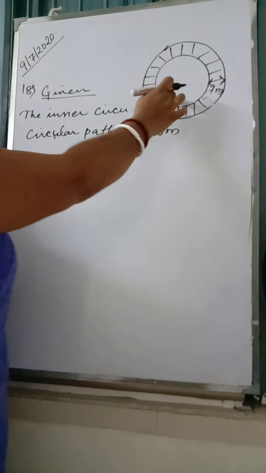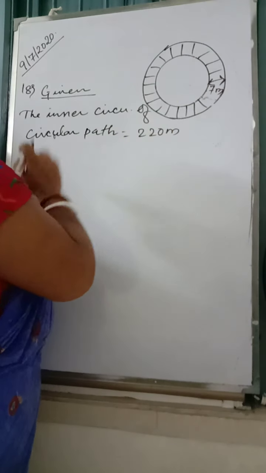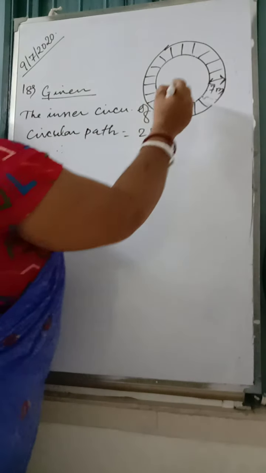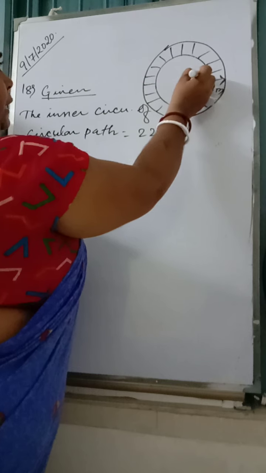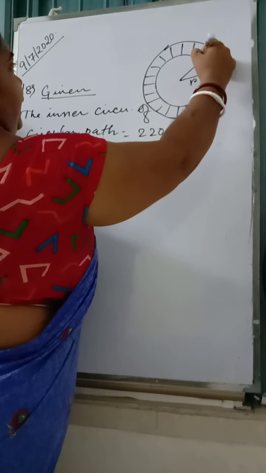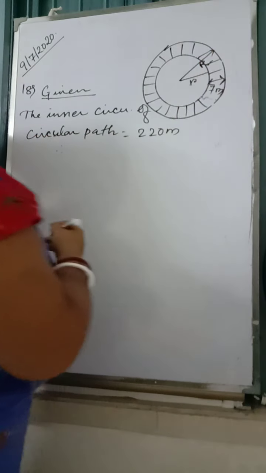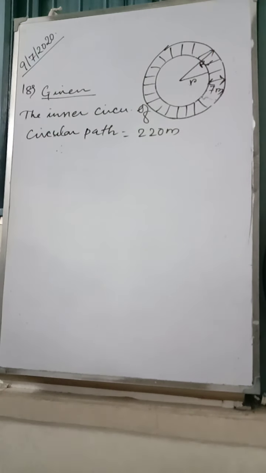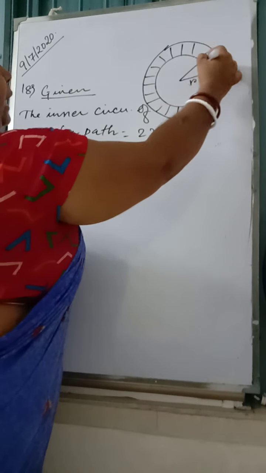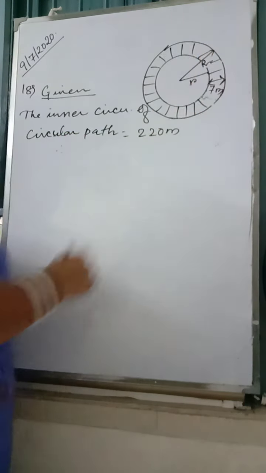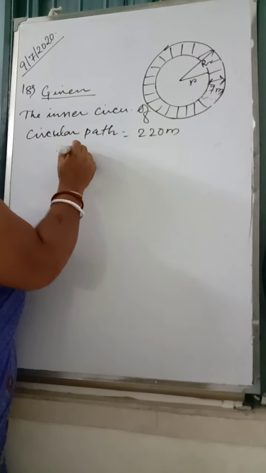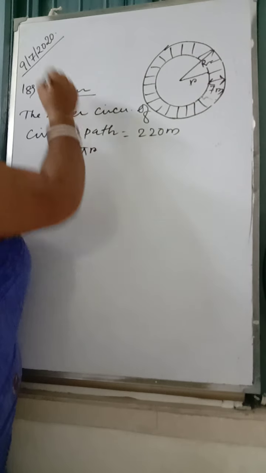Now, this inner circumference is 220 meter. So we can write it. Now, I am representing this inner radius as small r and this outer radius as capital R. There is no problem. I don't think there should be a problem.